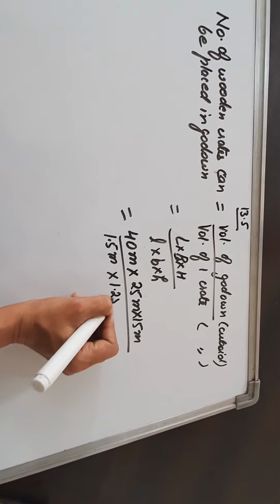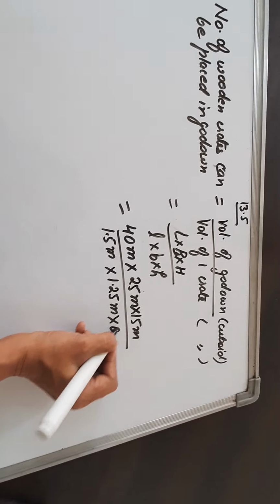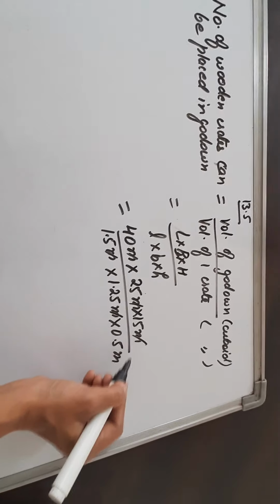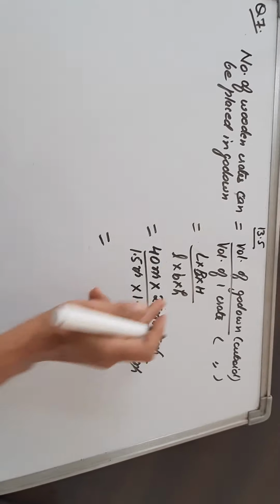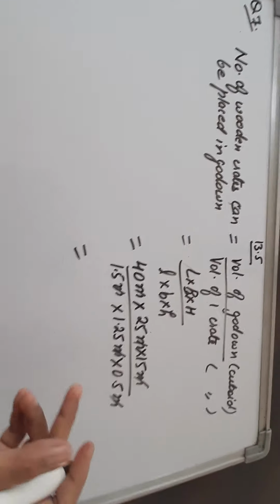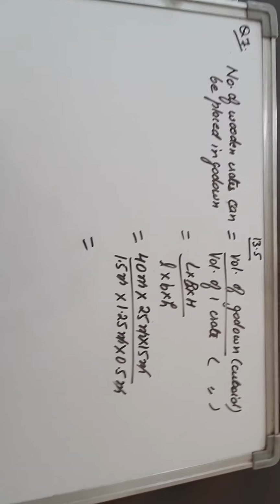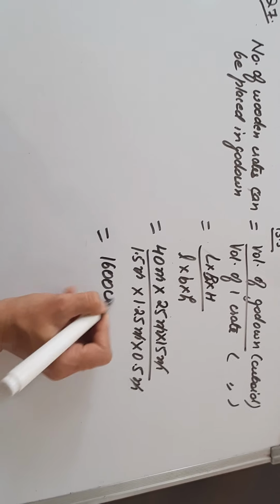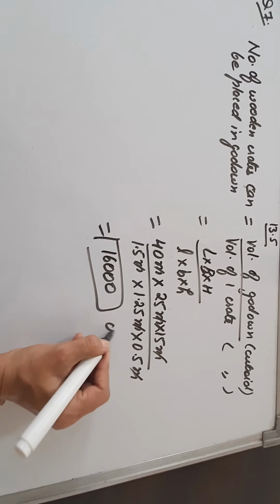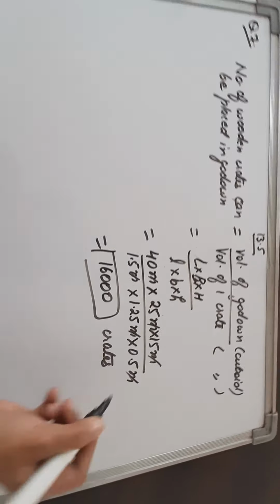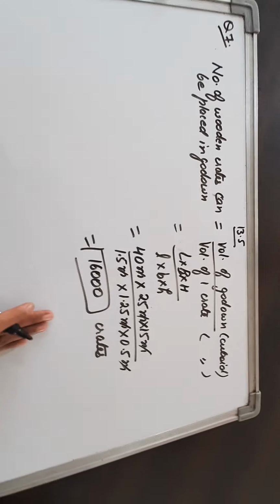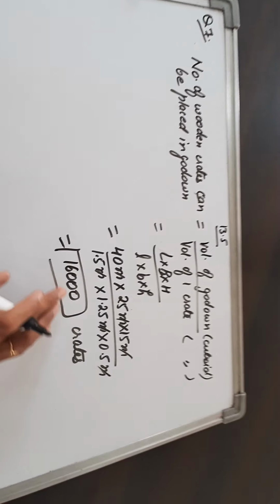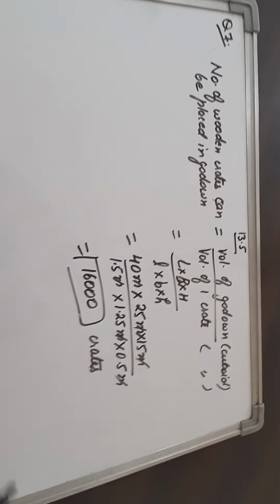All are in meters, so no need to convert anything. So now all the meters will cancel out. Okay, and after multiplying and dividing, we'll get the number of crates as 16,000. Means we can place 16,000 crates in this godown of this size.